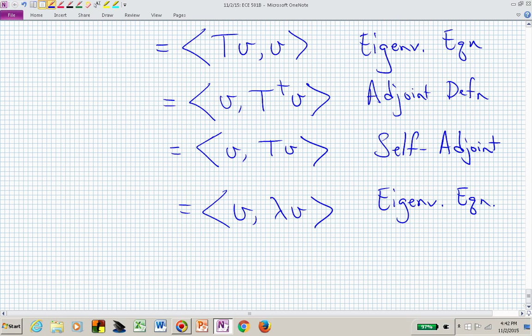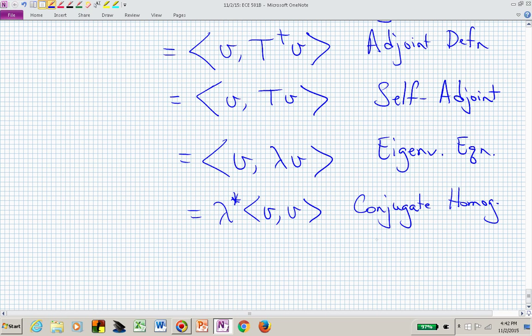But now if I want to pull that outside the inner product, what happens to lambda, that scalar? It has to come out as the conjugate, doesn't it? So I now have lambda star, v comma v, and that's the conjugate homogeneity of the second slot.